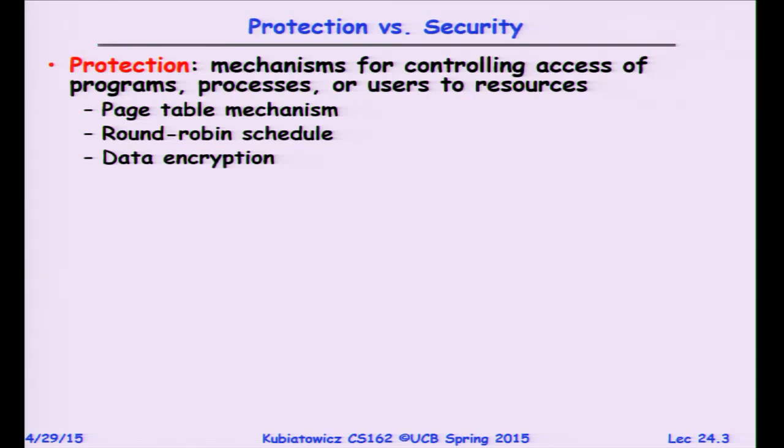Protection versus security is something that's pretty important to talk about. Sometimes when people think about security, they're really confusing it with mechanism, or protection mechanism. Protection mechanisms are things that you put into the system like page tables and round-robin scheduler and data encryption and all of these things that can help with security, but just because you have these things doesn't mean your system is secure.